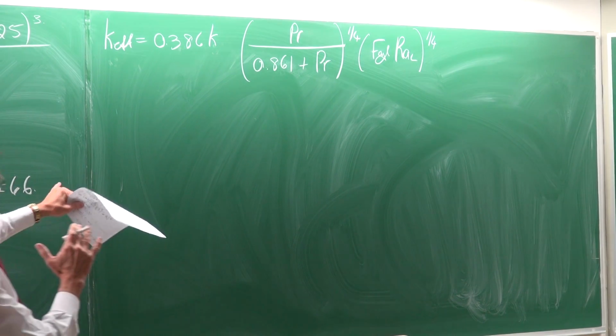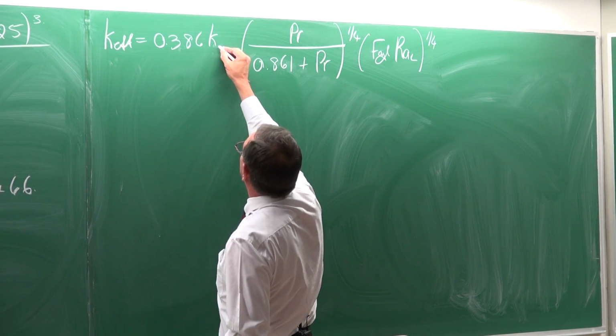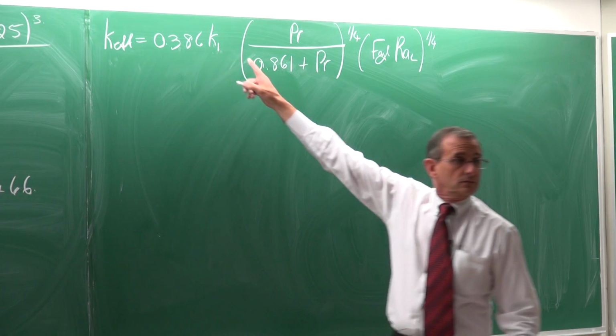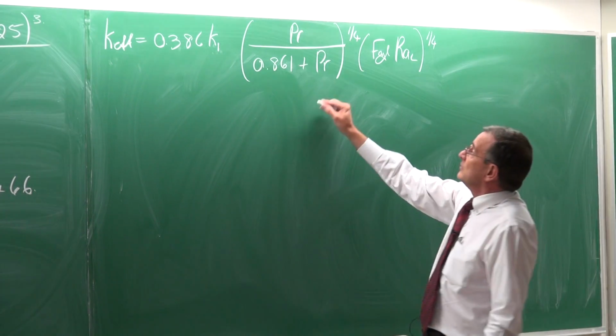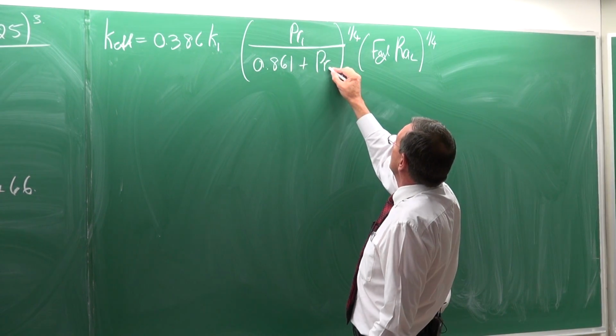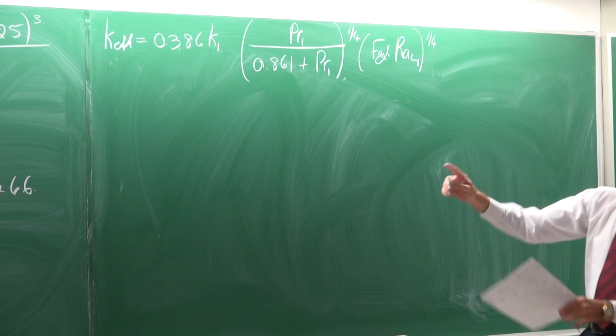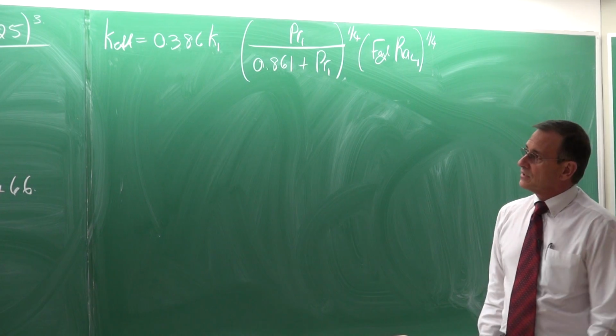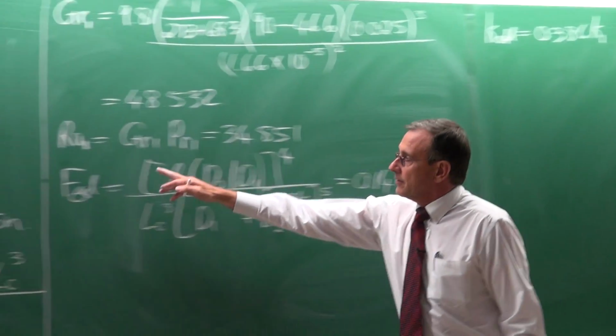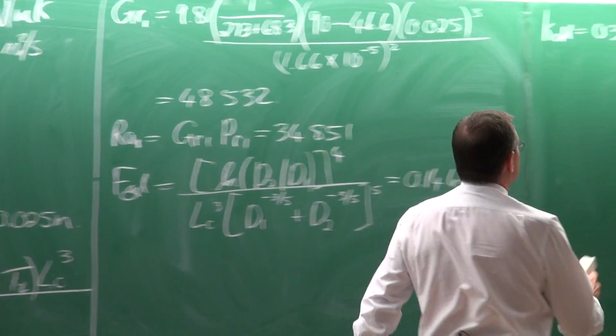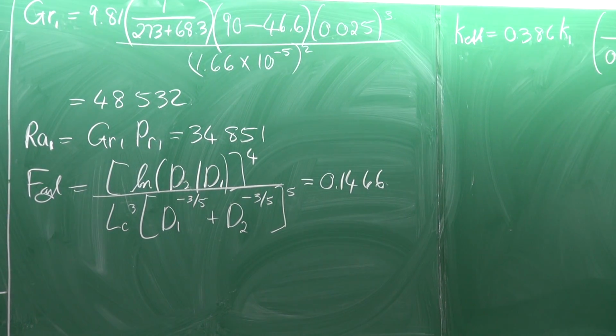Again, I don't want to waste your time, so the K, of course, would be K at 1. Prandtl would be at 1. The Rayleigh would be the Rayleigh that we've just calculated, Rayleigh 1. So let's change this to Rayleigh 1 like that.